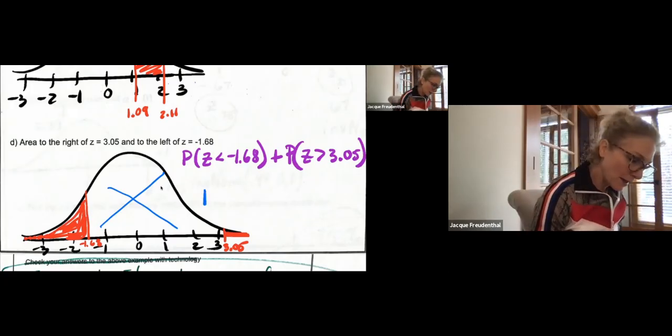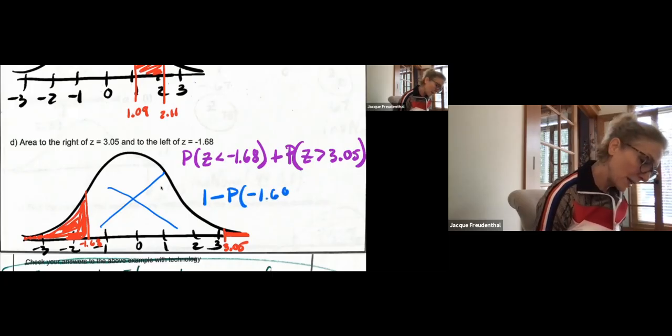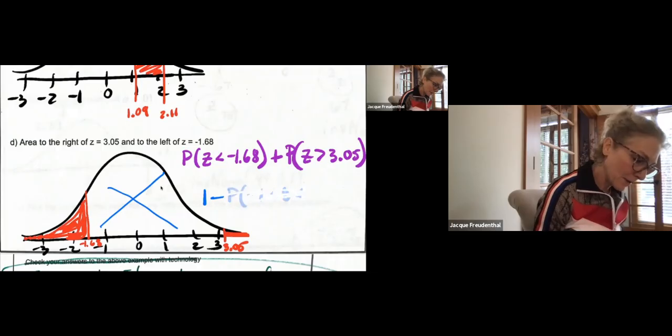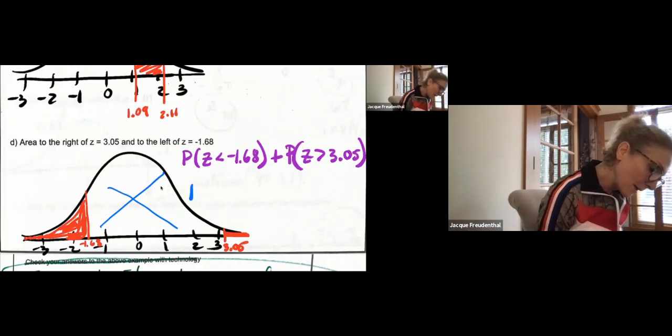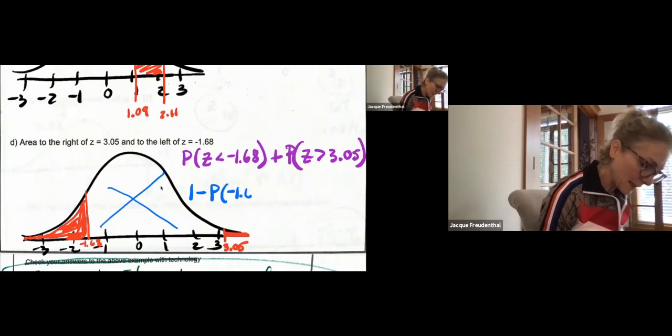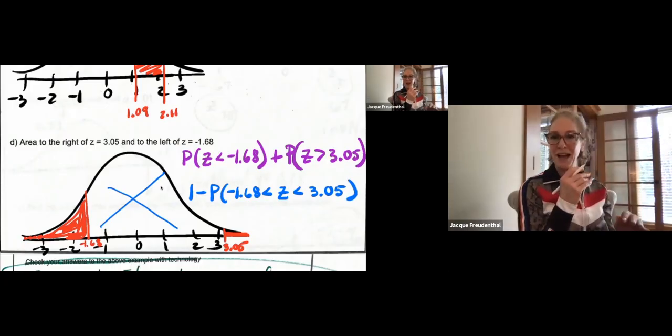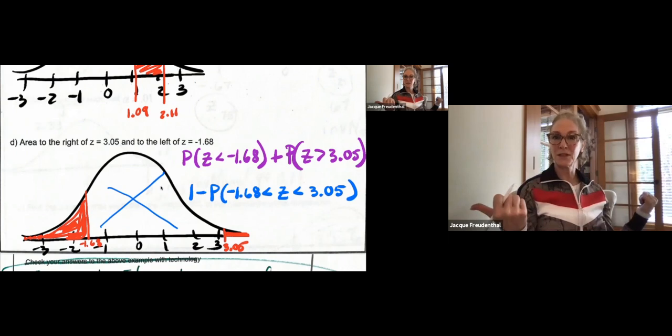So if I went 1 minus the probability that Z is between negative 1.68 and 3.05, if I found that area and subtracted it from 1, I would get those tail pieces.